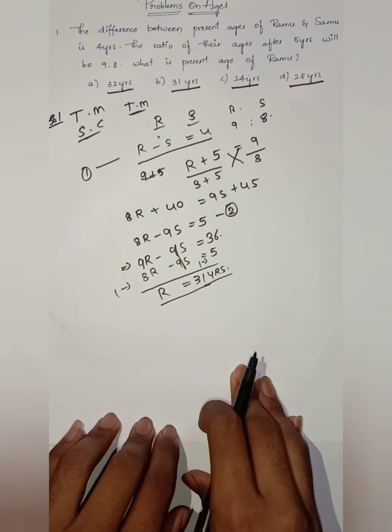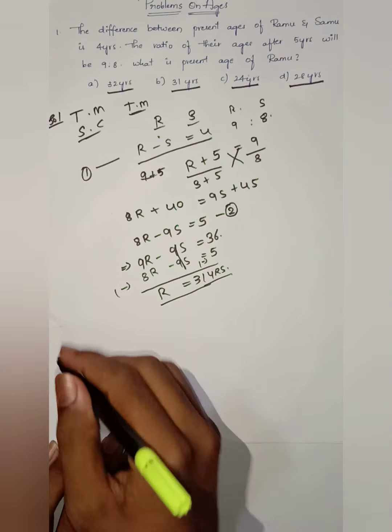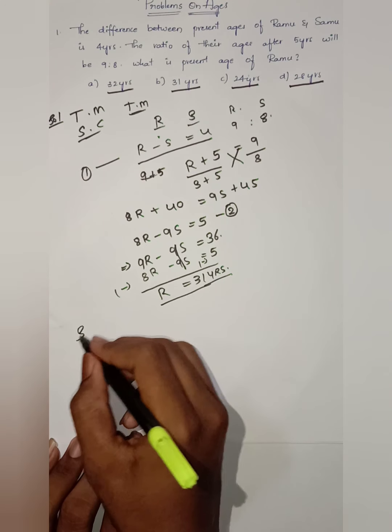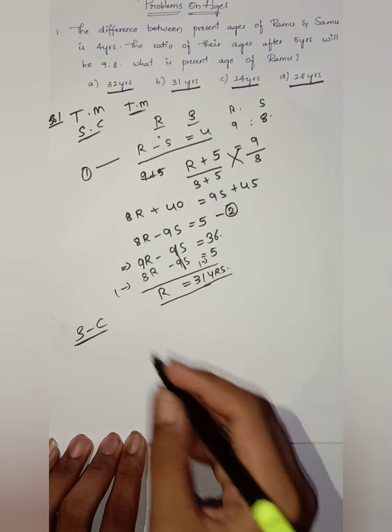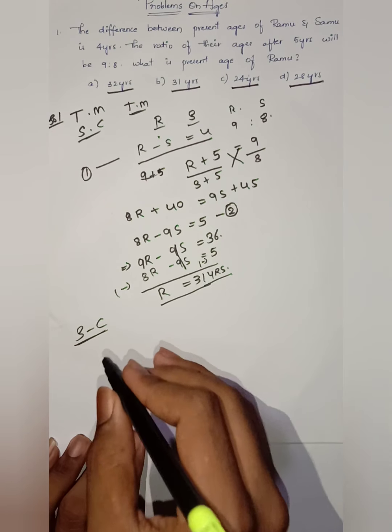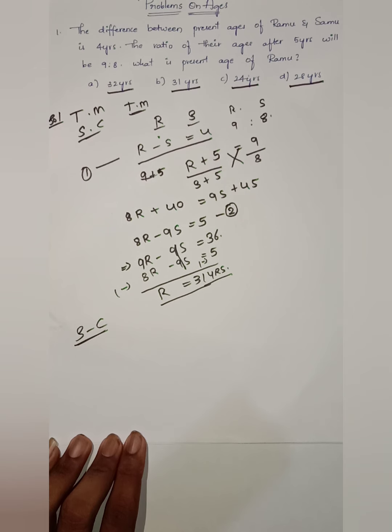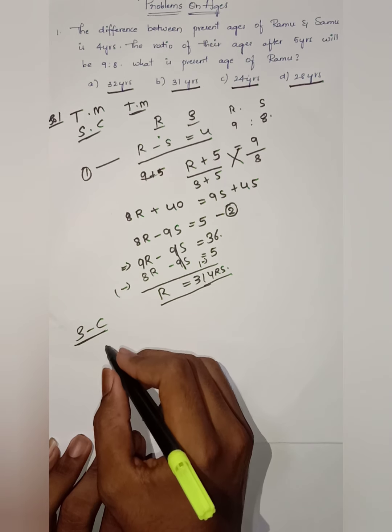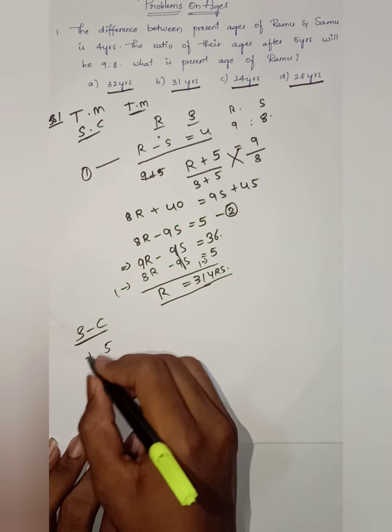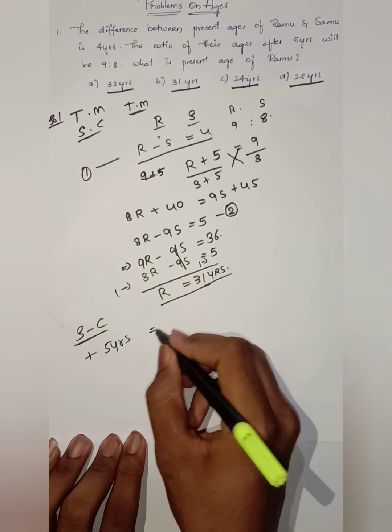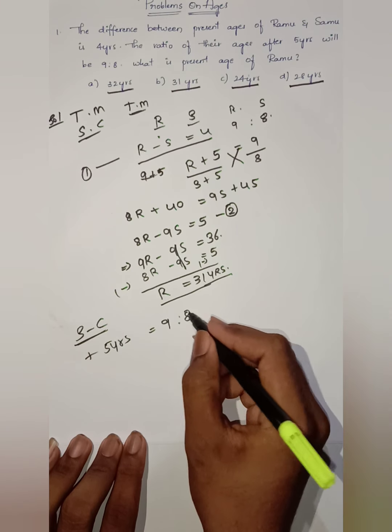We will try to solve from the shortcut method. In the question it is given that the ratio of their ages after 5 years will be 9:8.